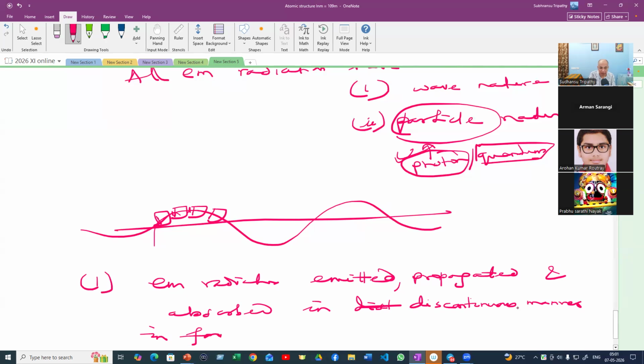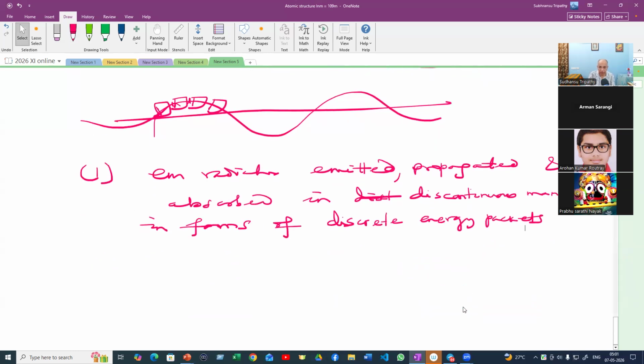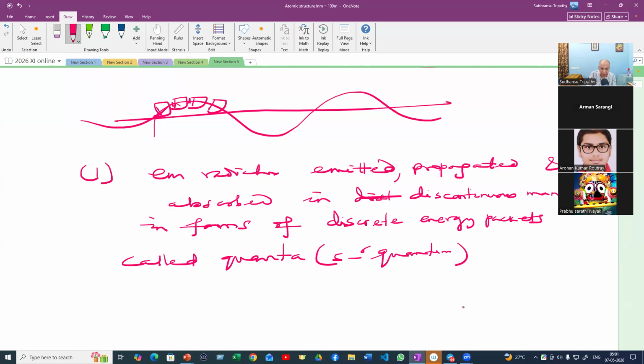In forms of discrete, means alag alag, discrete energy packets called quanta or photons. Quanta is the plural of quantum. Singular is quantum, but more popularly photons.